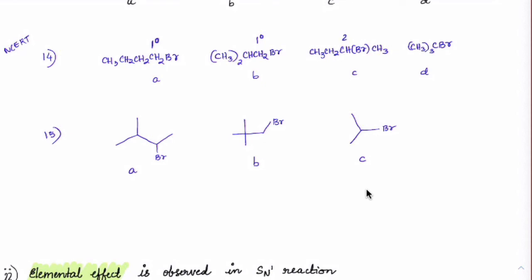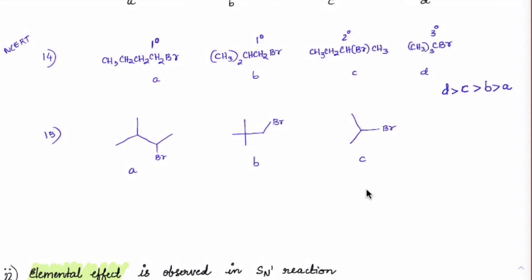This is 2 degree, this is 3 degree. Got it? So one thing we can say is that 3 degree is better than 2 degree, and between the 1 degrees, the one with more methyl groups is more dominant at this factor.